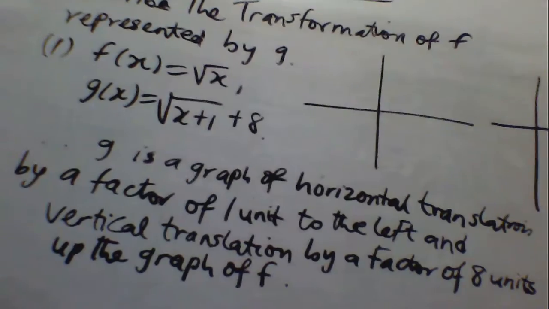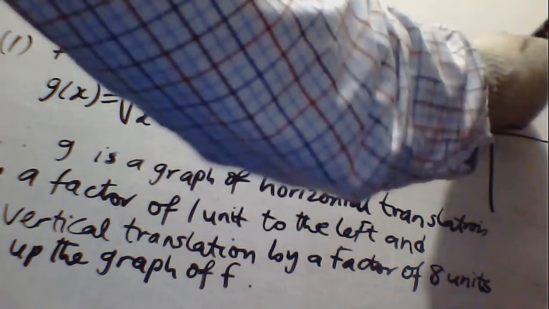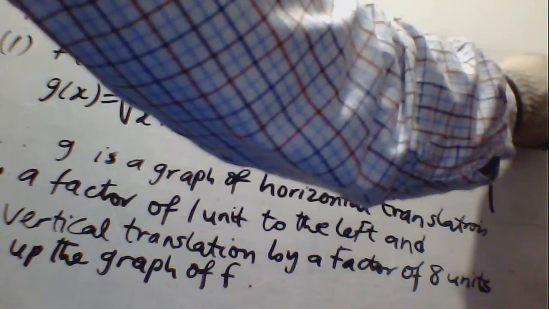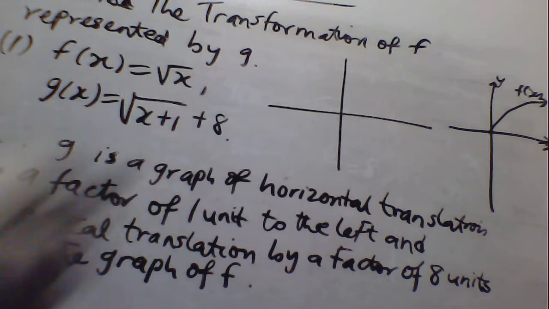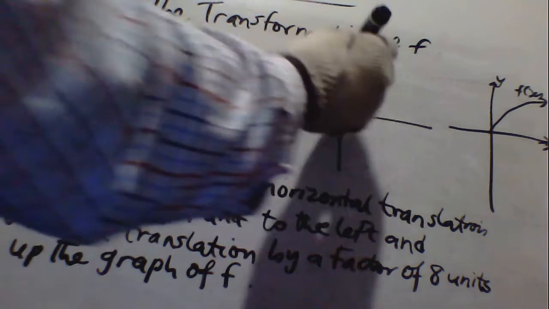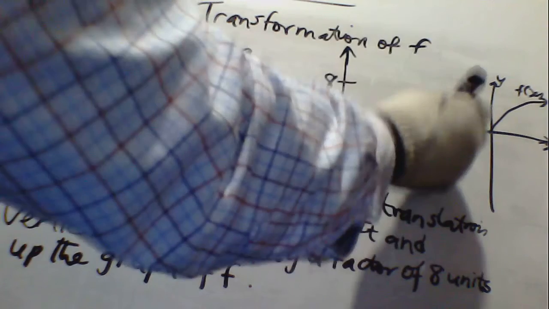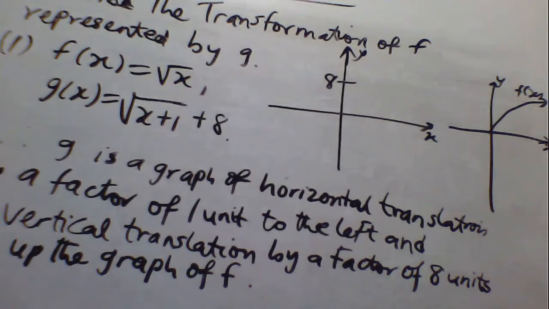So you can do the parent here. I hope you are following. This is the parent. This is f of x, the parent. So graphing this, here is y, here is x, and here is 0.